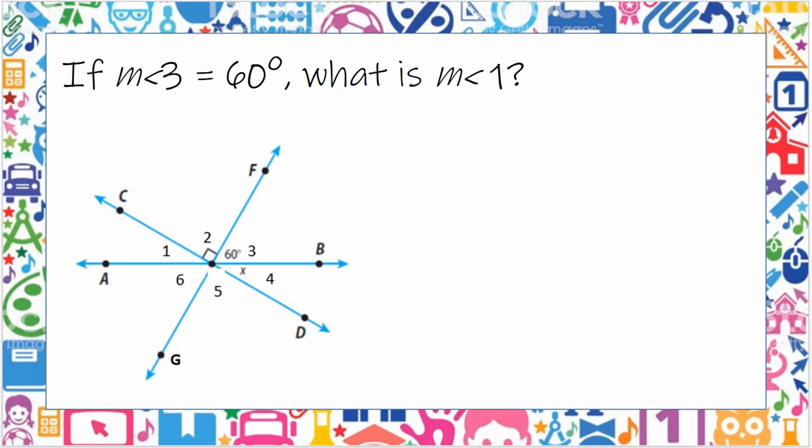Okay, so we've talked about angle 6 was 60 degrees. We need to figure out angle 1. Okay, that's here. Notice it does form a right angle with angle 6. So angle 6 plus angle 1 gives us 90 degrees. Well, we know that angle 6 is 60 degrees.